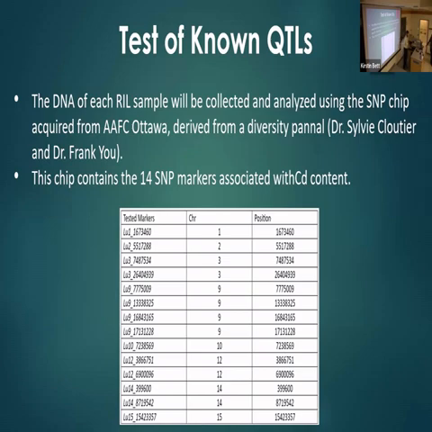I think in Arabidopsis, it's about 5 QTLs controlling the variation in cadmium uptake. In radish, I think it's about 8. And it seems to be the same case for sunflower and other species like soybean and whatnot.